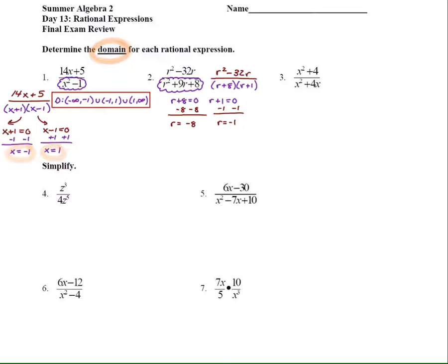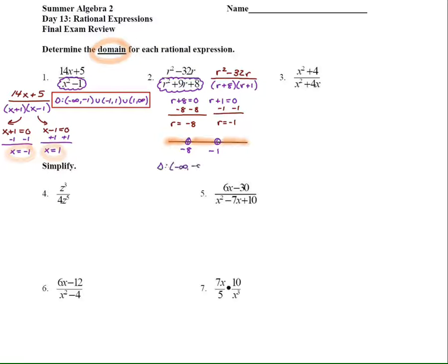So at those two r values, the expression doesn't work, which means at all the other values, the expression works. One way that might be helpful is if I draw a number line and put my two numbers on there. What I colored in orange represents everything before -8 works, everything between -8 and -1 works, and then everything after -1 works. So that's 3 pieces, so I'm going to have 3 intervals.